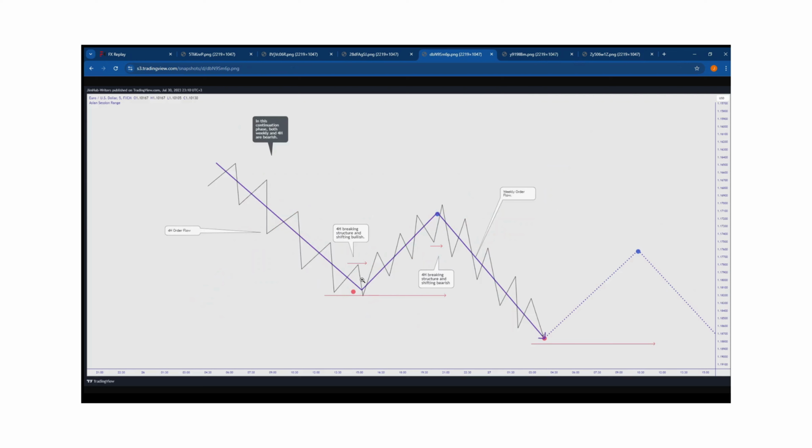The weekly pulls, the H4 has a counter structure shift, an order flow shift to bullish, symbolizing this counter trend, and then we have H4 shifting again bearish, so that it realigns the order flow of the weekly, and we have the drop.